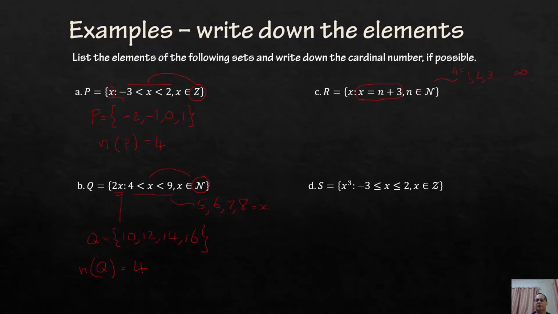So the first value is 1. So we write down 1 plus 3, which is 4. 2 plus 3, which is 5. 3 plus 3, which is 6, and so on. So we can't write the cardinal number for this set because it's an infinite set, which we'll learn about the next lesson.